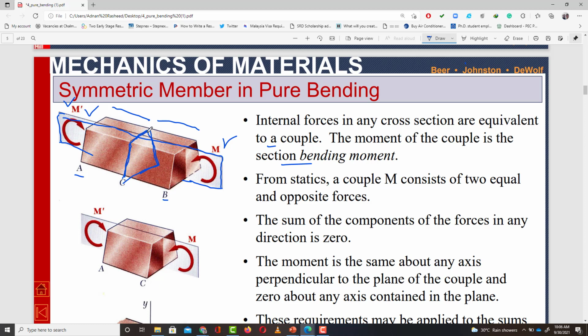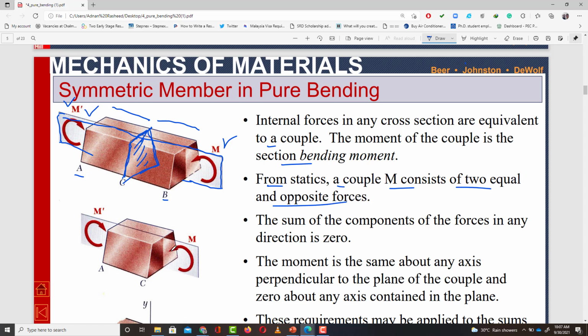If you cut the beam at this plane C and I draw it again, the figure will be like that. If you cut the beam, internal forces will be generated, and at the end their resultant will be the couple. You can see that the beam is cut over this plane and there is an internal couple. Now from statics, a couple M consists of two equal and opposite forces.